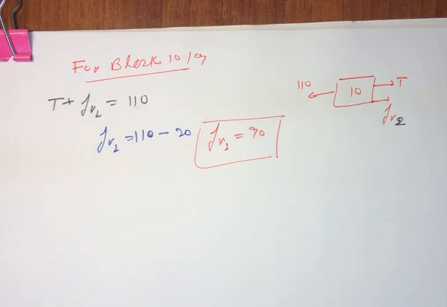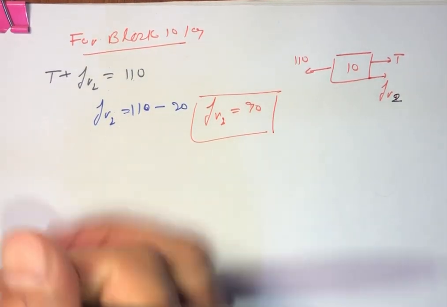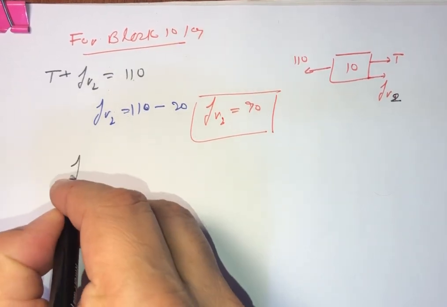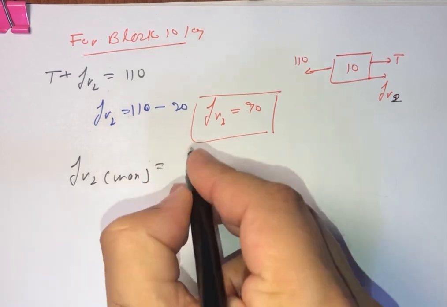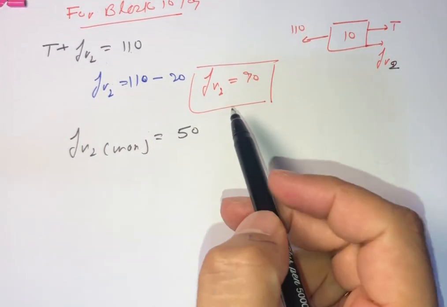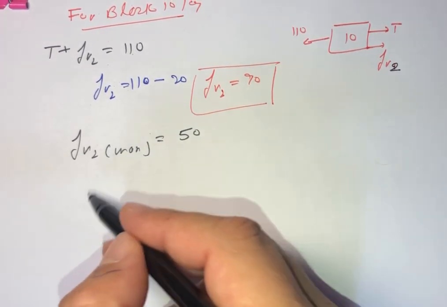But the maximum FR2 max is only 50 Newton. From here we can say the required value is higher as compared to the maximum value, the available value.